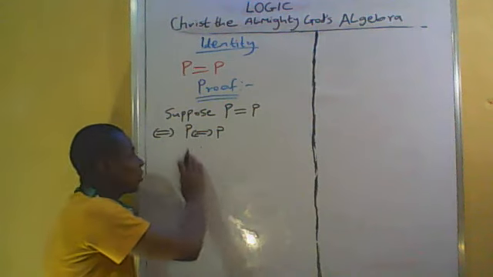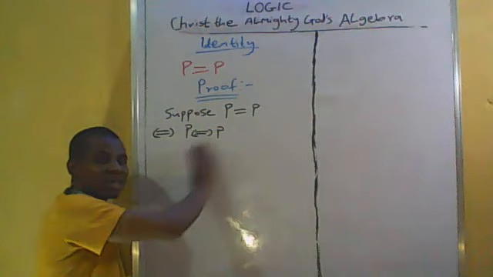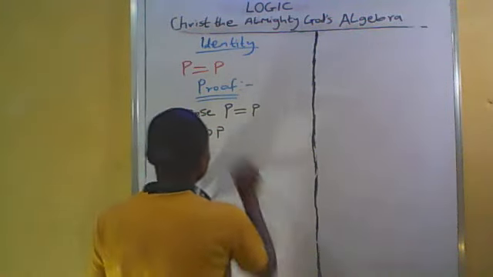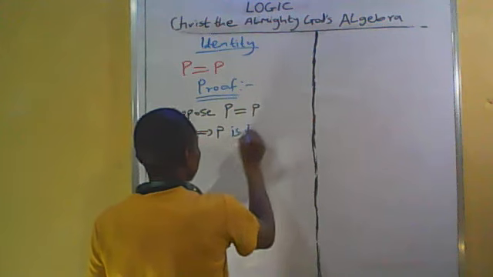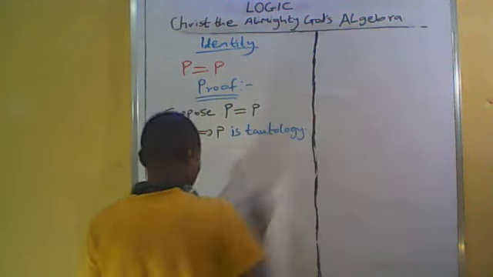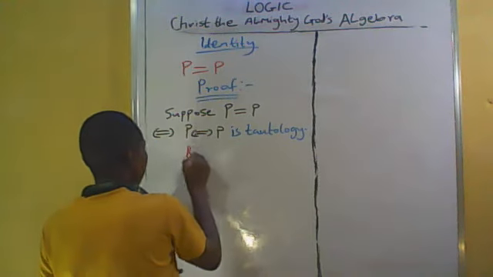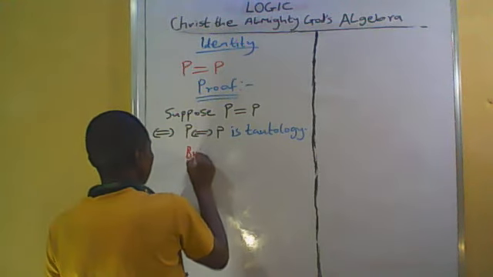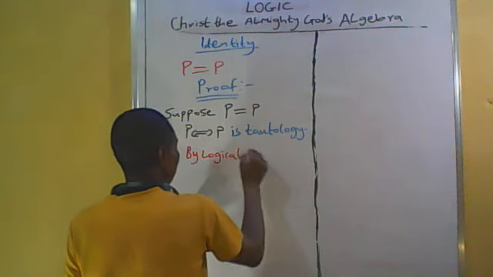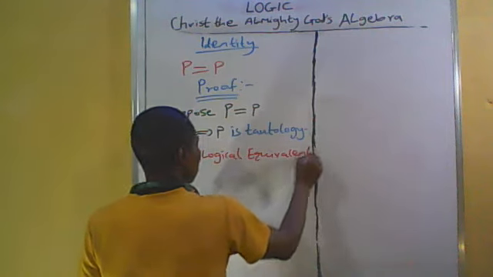So if this statement is always true, we say that statement is tautology. Statement is tautology, being justified by logical equivalent.